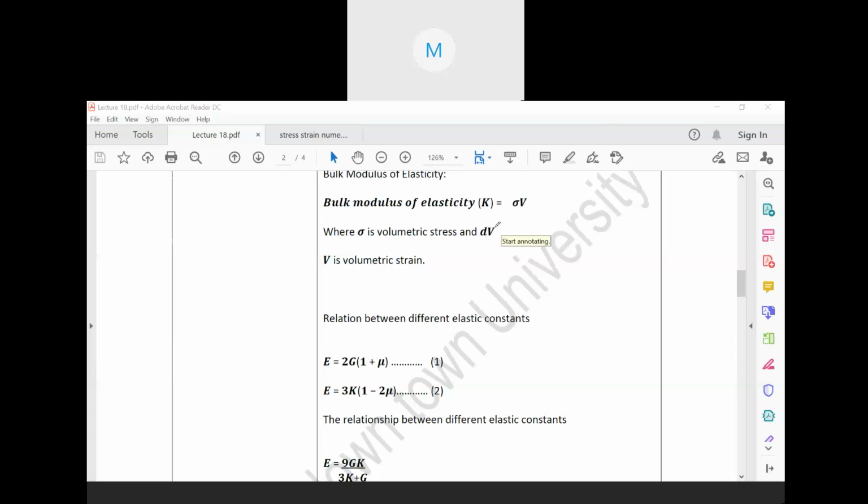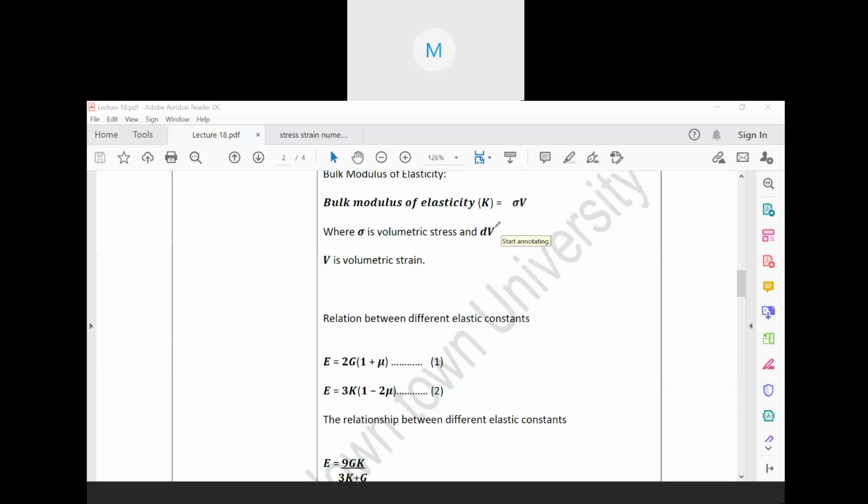Then there is a ratio of strain, which is called volumetric strain. That means the change in volume to the original volume. So that ratio is known as volumetric strain. Now the ratio of stress, that means the force applied on the body, to strain is known as bulk modulus.